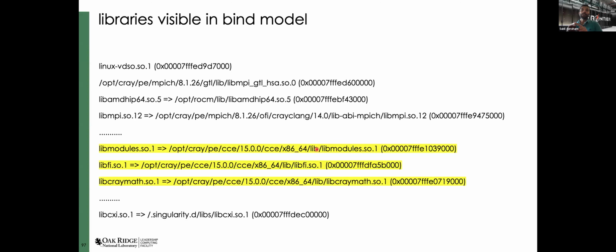Since I've done the work of binding those locations into the container, as well as making sure that these library locations are part of the LD_LIBRARY_PATH environment variable, the application is able to search for, find and link to these libraries, and is actually able to work correctly and make use of the Cray MPICH libraries.